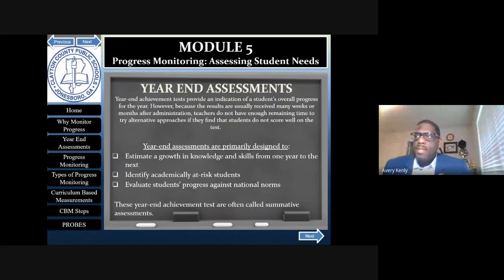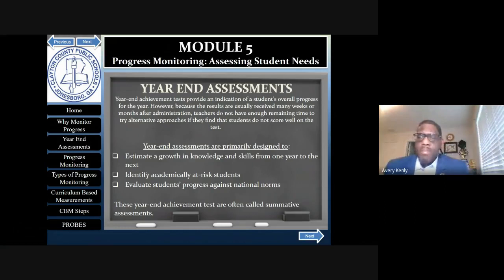So when we look at year-end assessments, we know that they provide an indication of the overall progress of a student in reaching a whole host of standards in a given year. But because those results are received many times well after the information has been taught, teachers don't have enough remaining time to try alternative approaches if those students don't do well. So we have to monitor progress frequently throughout the year.